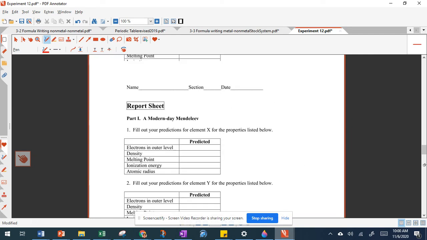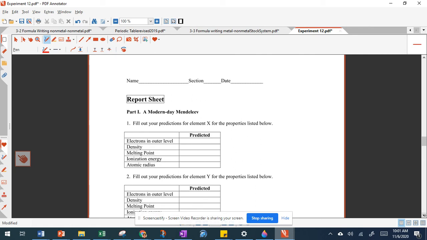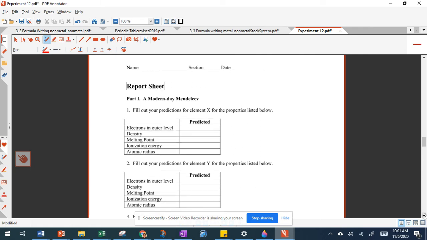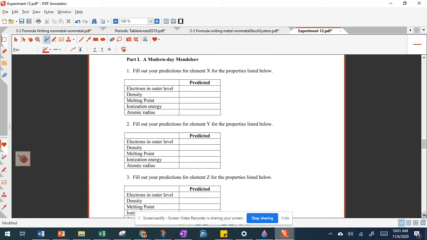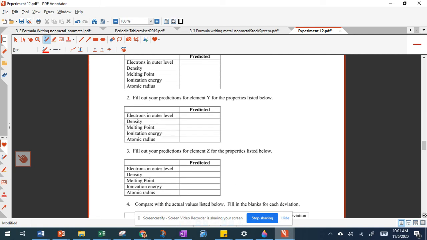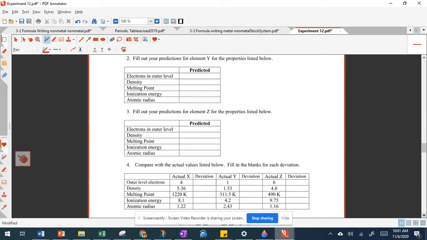Some of these will have very clear trends, some of them will not, but I want you to try to come up with a prediction for these four properties here for each of these three elements, X, Y, and Z. And when you're done, what you're then going to do is compare the values that you predicted with the actual values and then come up with a deviation.